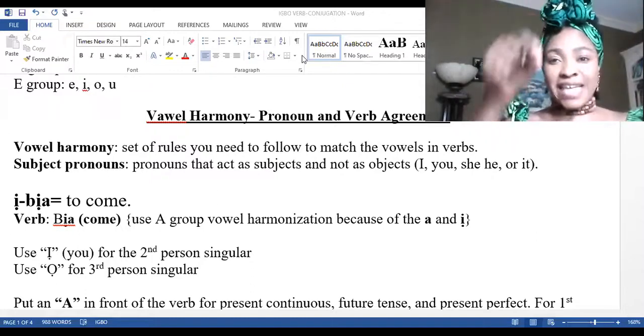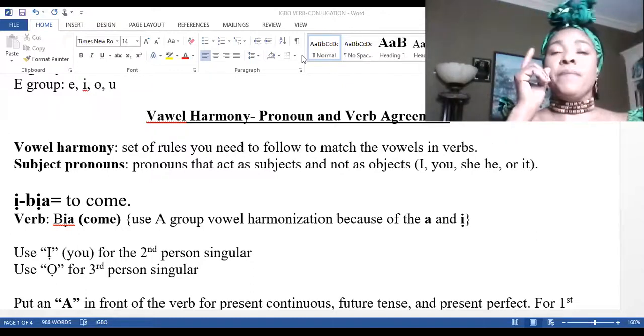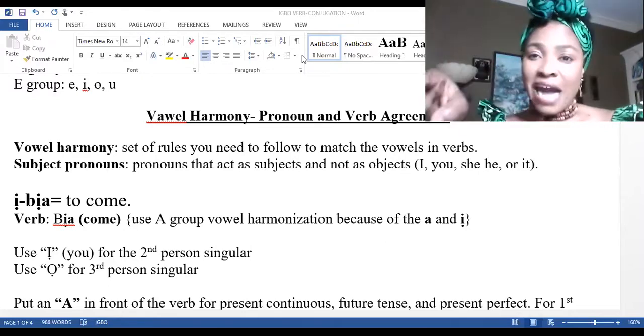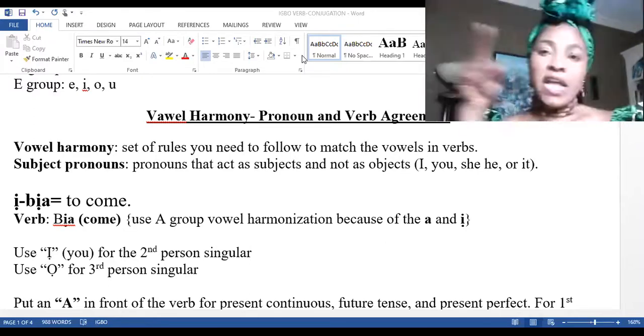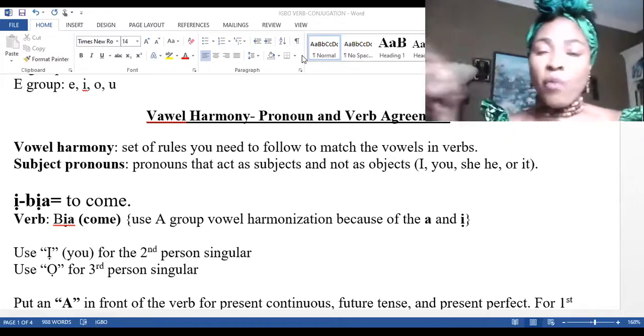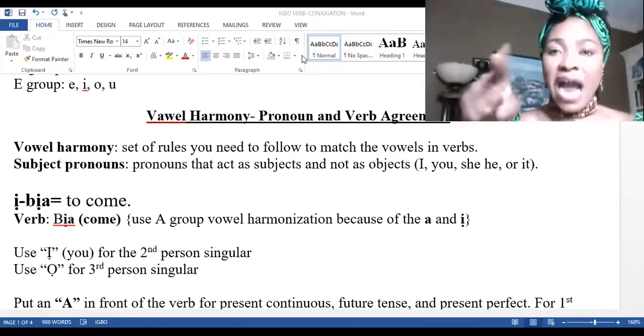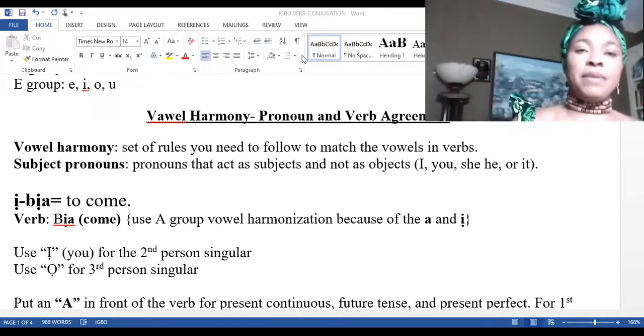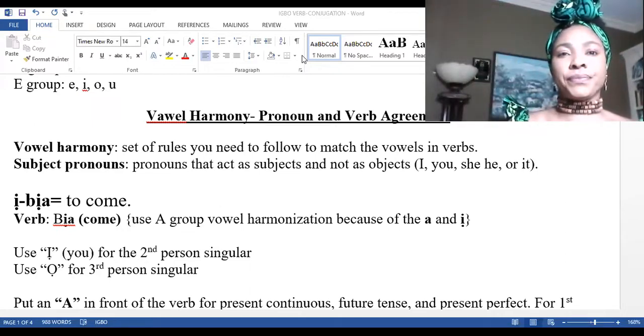I, which is I with dot, means you have a book. I nwere akwụkwọ means you have a book. That A means you. So let me break it down for you. I'm gonna break it down right now.